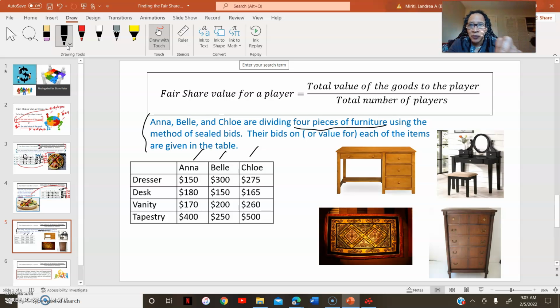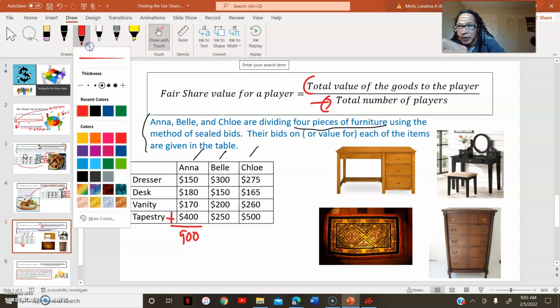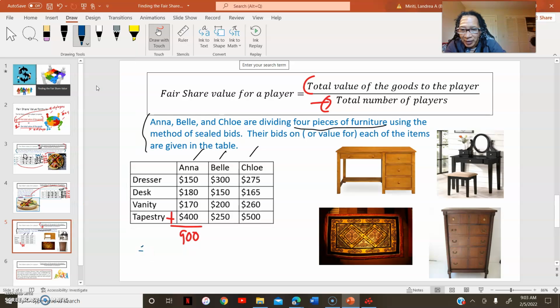But now, again, if we want to find the fair share value, again, we want to use this formula. So for Anna, we would add up all of these, and if you add all of those values together, you get 900. And we want to divide by the total number of players. So this time, if we divide by the total number of players, that means we're dividing by, how many players are there? 1, 2, 3, dividing by 3.